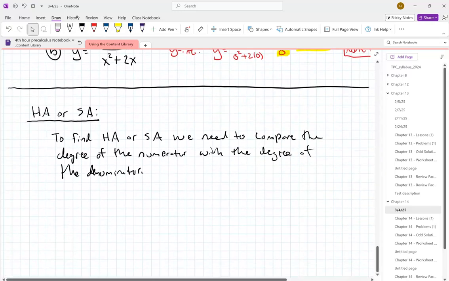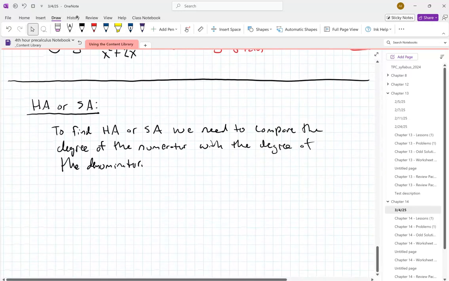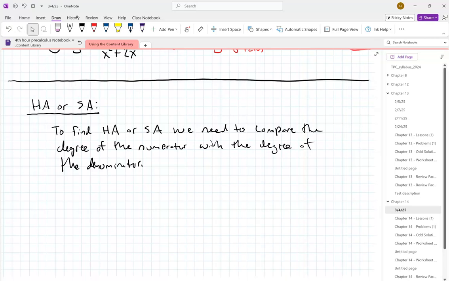So to find these horizontal asymptotes or slant asymptotes, we're going to be comparing the degree of the numerator with the degree of the denominator. So there are 3 possibilities. The first is the degree of the numerator is less than the degree of the denominator. And in this case, we always have y equals 0.